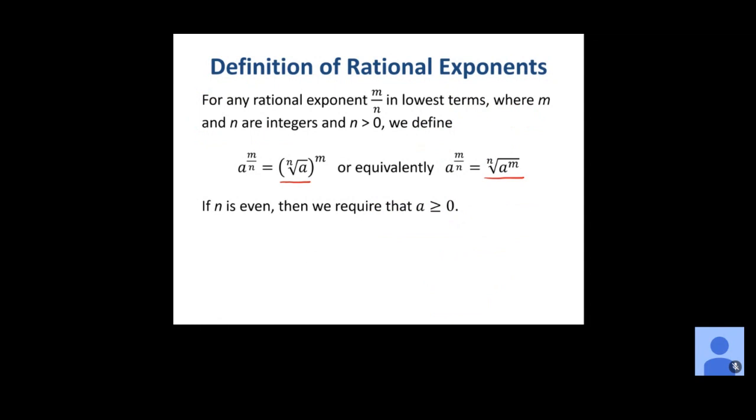Those two things are equivalent to each other. Okay, but just know the n is the index and the m becomes the exponent. And then like before, if we have an even n value, then we require that a has to be positive or 0 because we can't take an even root of a negative value now.